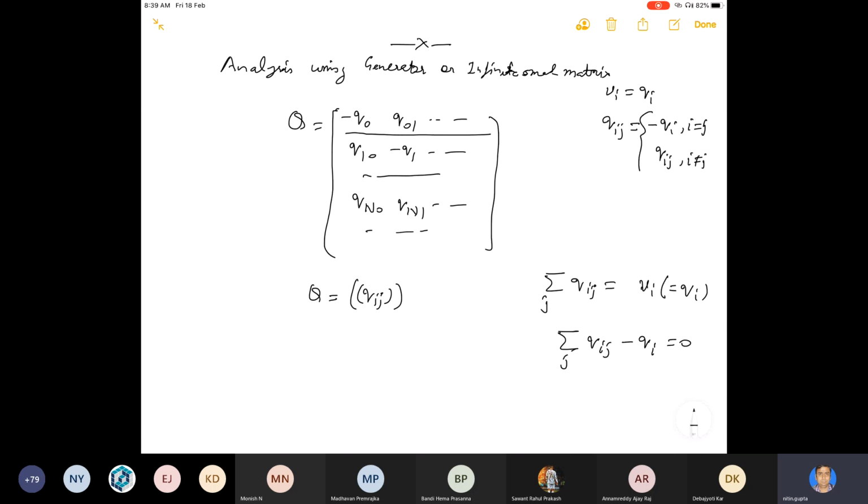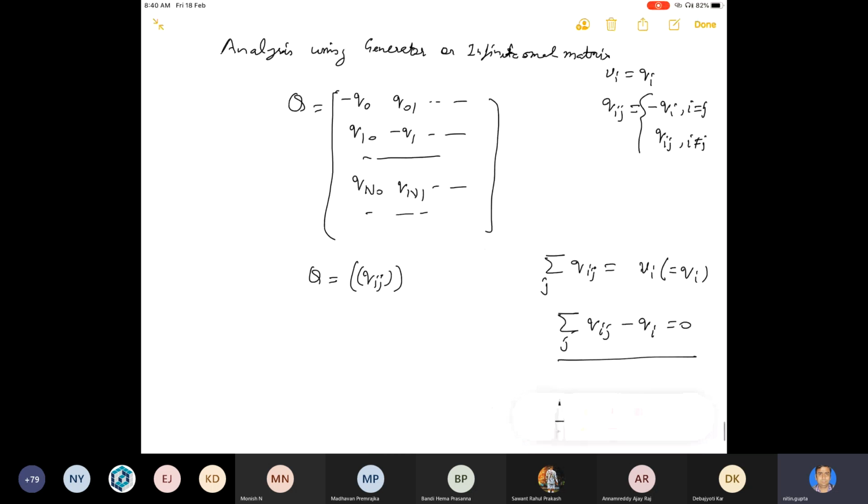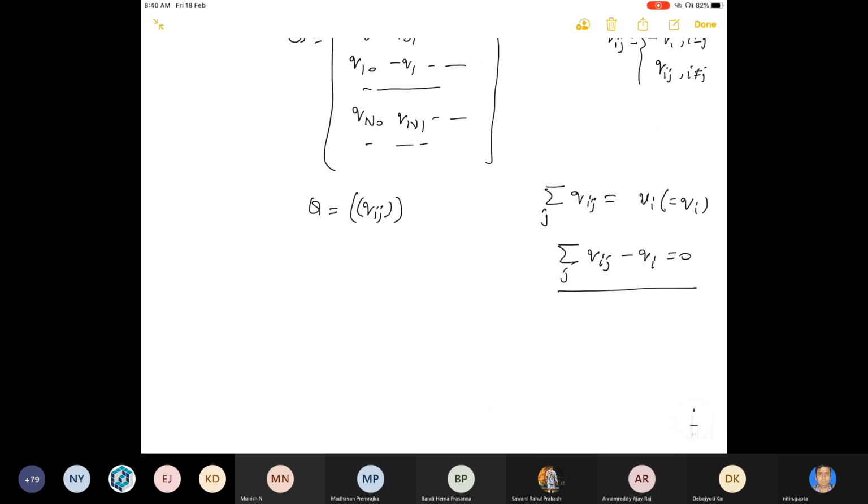That means the sum in a row of the generator is 0. The sum in any particular row in a generator is 0. That is the thing.